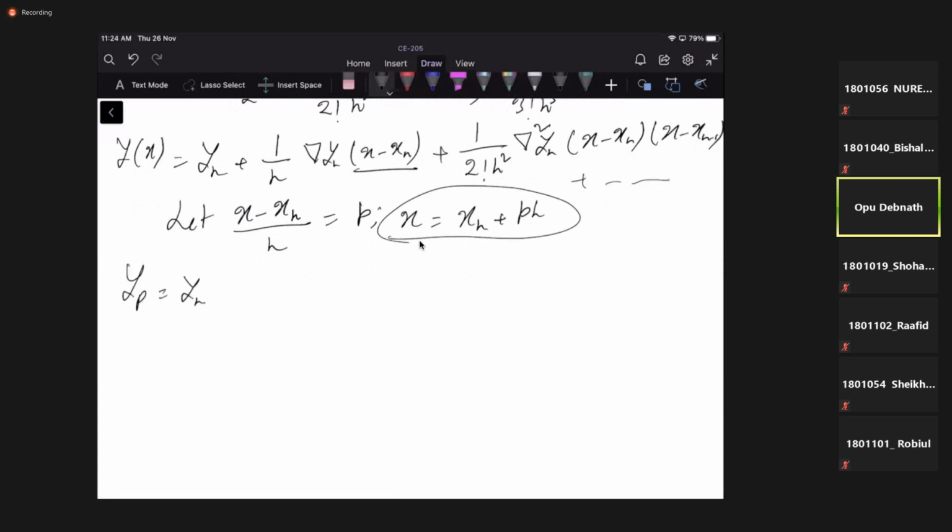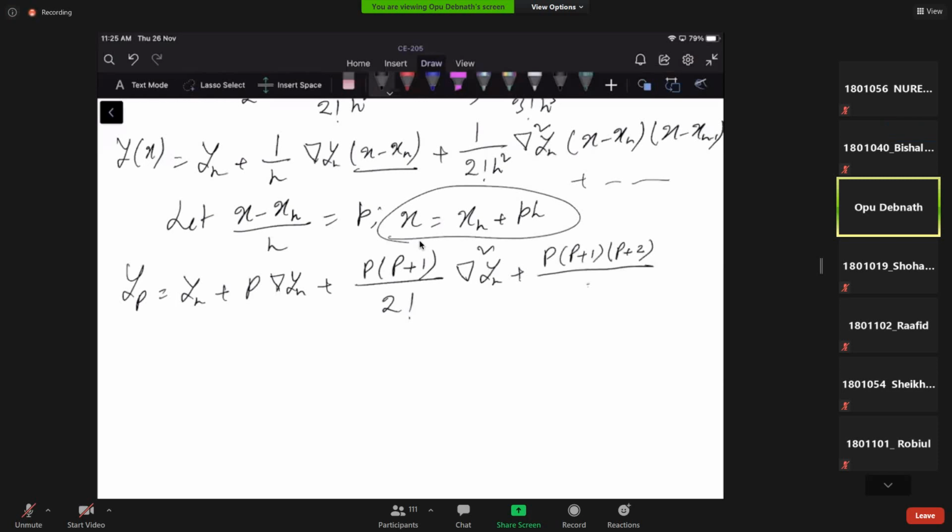This will be yn plus p nabla yn plus p into (p plus 1) by 2 factorial nabla square yn plus p into (p plus 1)(p plus 2) divided by 3 factorial nabla cube yn.